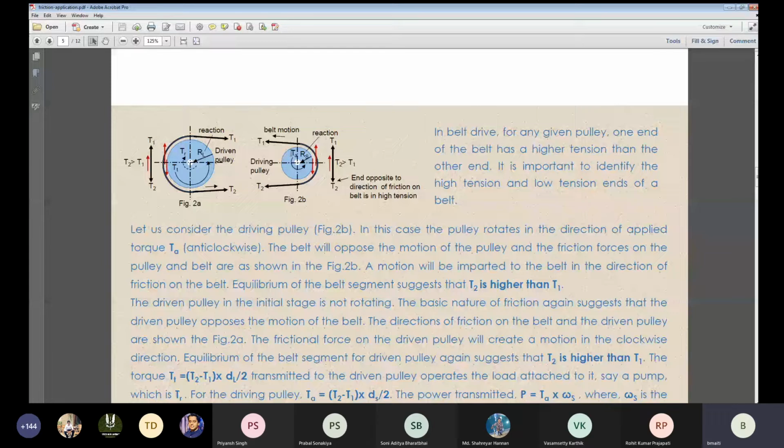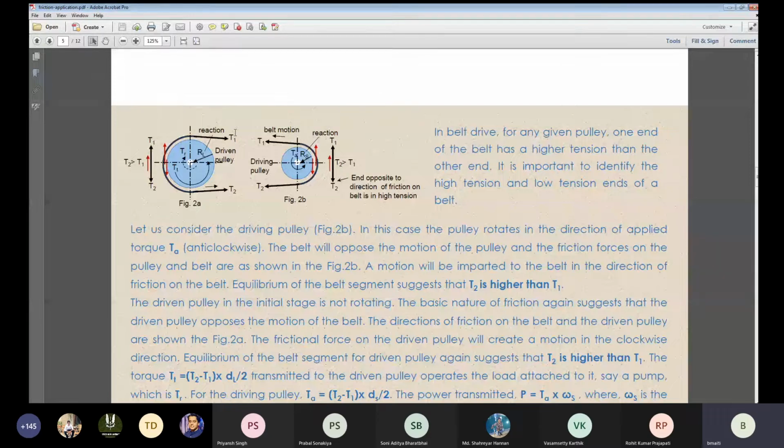So this is a load to the driving pulley, and at the other end the power transmitted through the belt is onto the pulley in the same direction, but it also has to have a resistance. That resistance is actually a load attached to it, and as an example of a load, just think of a pump attached to this particular pulley. That means obviously that has to run a load.